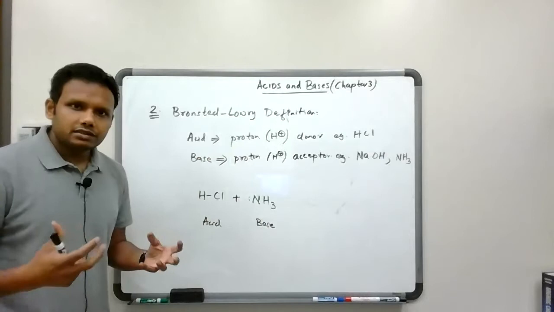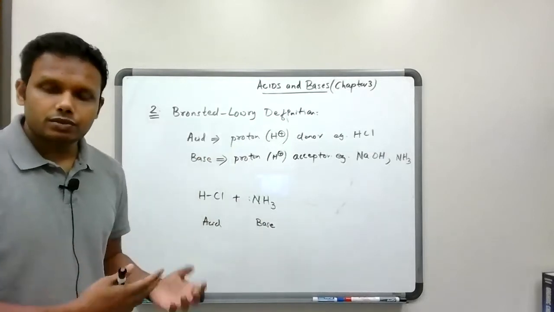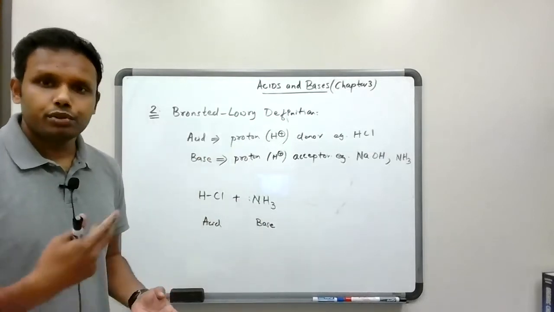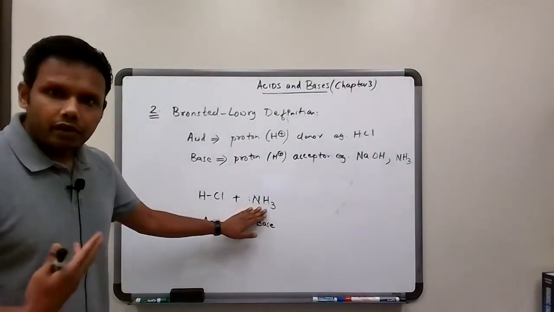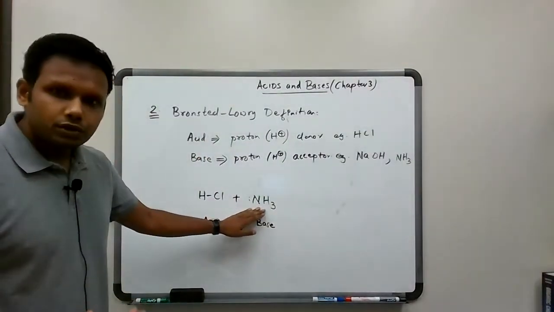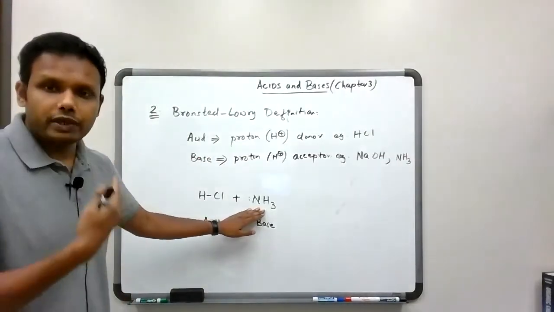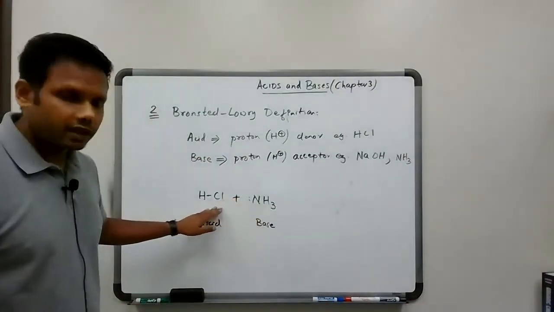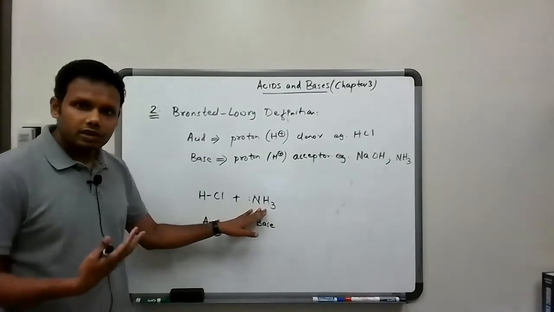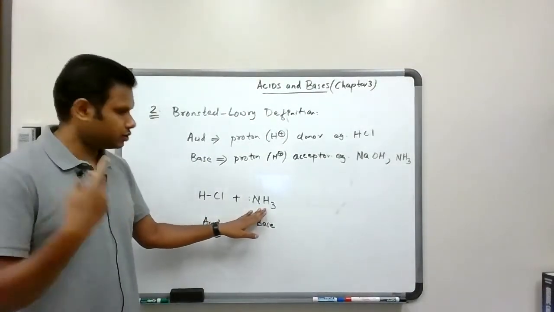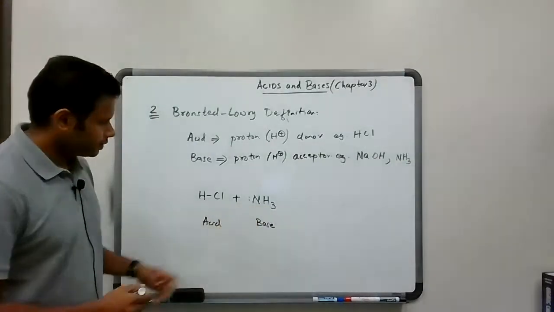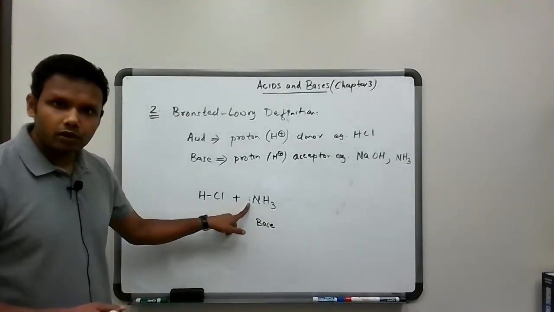Now the base needs electrons to accept the proton. So in case of ammonia, where are the electrons that it could use to accept the proton from the acid? The ammonia needs a pair, like a lone pair, to accept the proton. So if you look at it, it is the lone pair on the nitrogen.